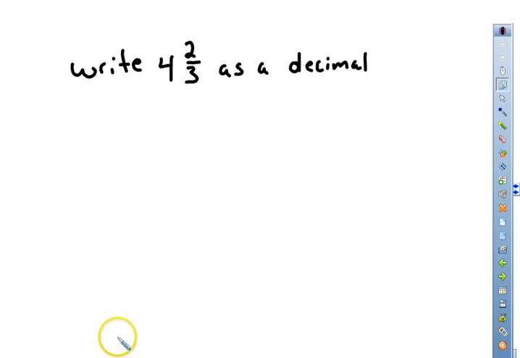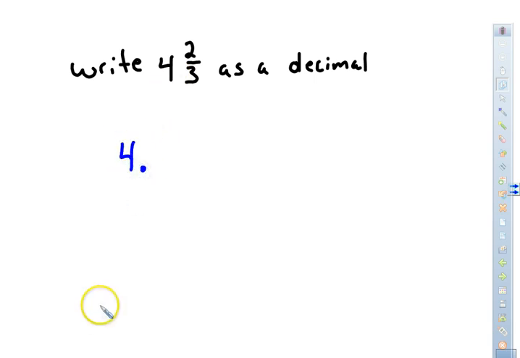Now write 4 and 2/3 as a decimal, and if you have to do any rounding, I'm going to ask you to round to the nearest hundredths, so go ahead and do that. Alright, so the 4, that's going to be in front of the decimal point.